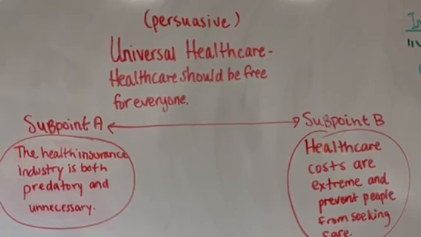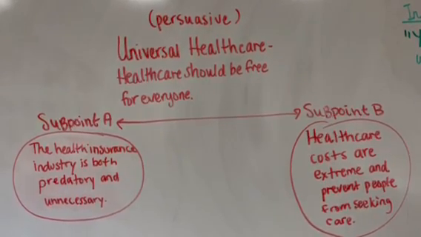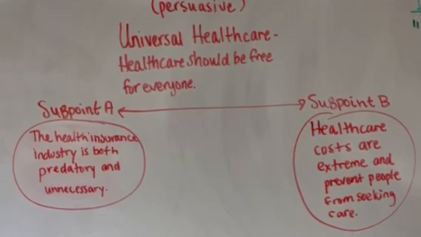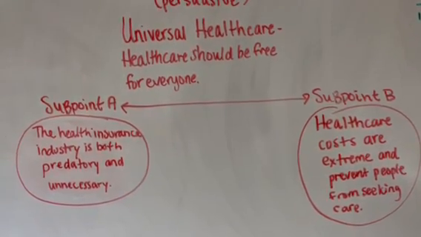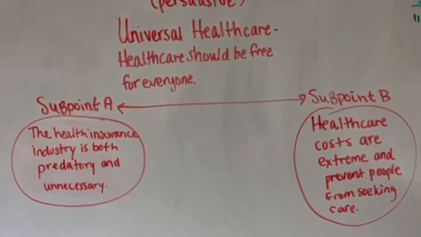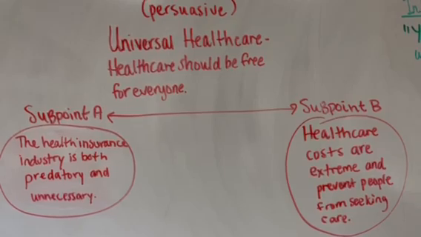Healthcare should be free for everyone, regardless of income, regardless of status. Okay, so let's say that subpoint or subtopic A for my argument, the first piece of my argument, states that the health insurance industry is both predatory and unnecessary.